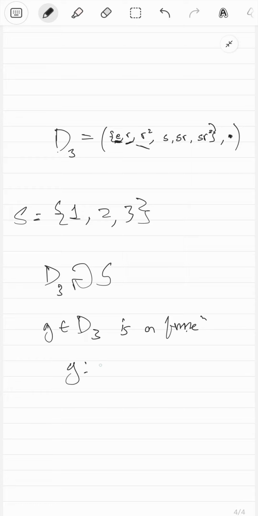So g goes from S to S, right? And this is not just any function, it's a bijective function, right? So every element in S is going to map to a certain thing which no other element gets mapped to, and then it's S to S, so it's surjective as well.